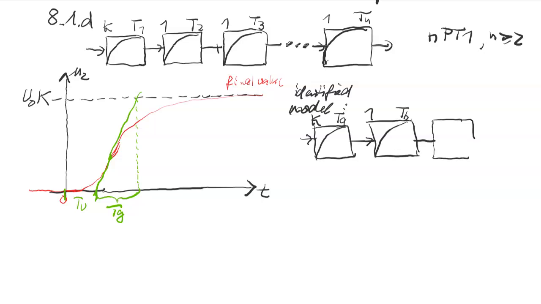Then a better identification can be done if you add a delay time block, and this is td for delay. Td is a delay time.